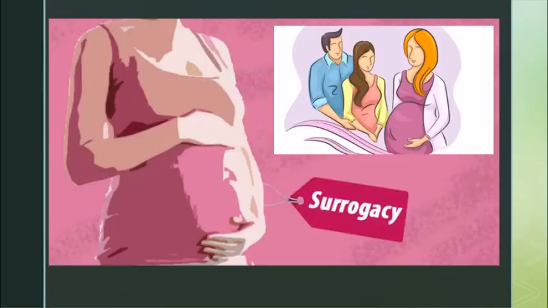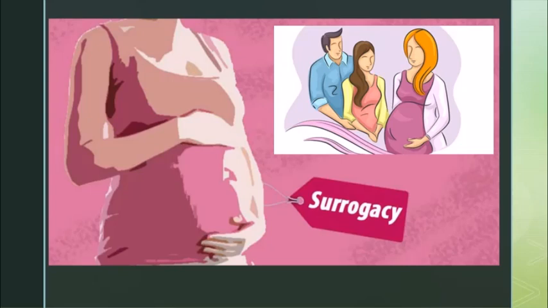Another thing is surrogacy. Some women have problems in the implantation of the embryo in the uterus, that is, there is a problem in the uterus. So what they do is, they use the uterus of some other woman. Some other woman keeps the zygote, or you can say the embryo, inside her uterus. But the oocyte and the sperm, that is both the male and female gametes, are taken from the parents. Only the uterus is taken from the other mother.